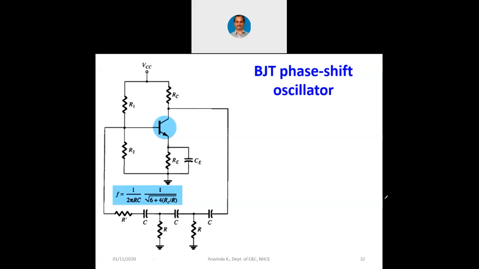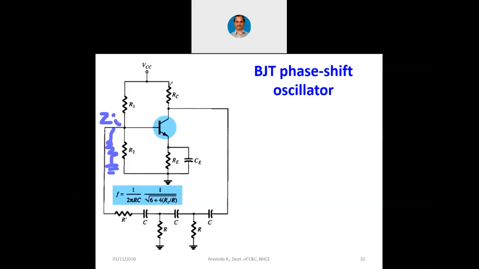Let me annotate now. Let me indicate an input impedance here. Let me change the color. We can visualize an input impedance here. Let me call it Zi.